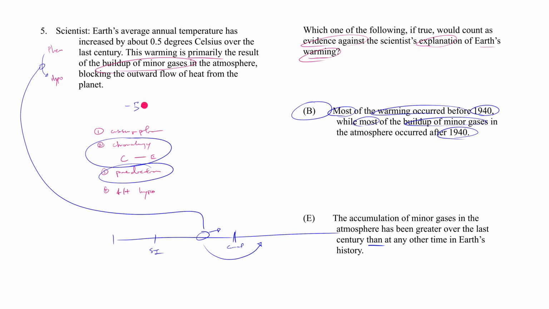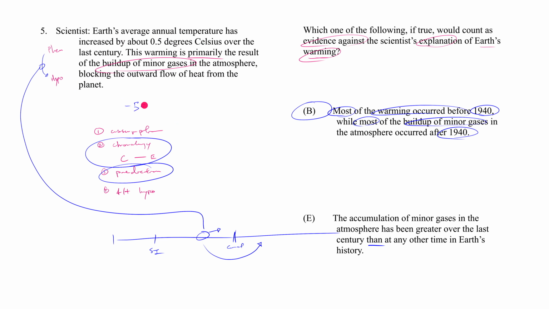If your hypothesis is true, then what you would expect is that if in this period, not the period that we're talking about, but rather even further back, we didn't have as much gas accumulation, then we'd also expect to see from the temperature data that there wasn't as much warming, right? That's the way to do this route correctly. That would either corroborate the hypothesis or hurt the hypothesis, depending on how the data turned out.